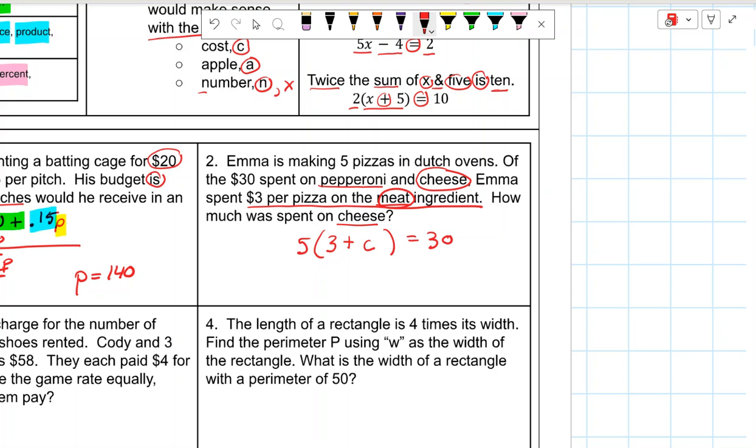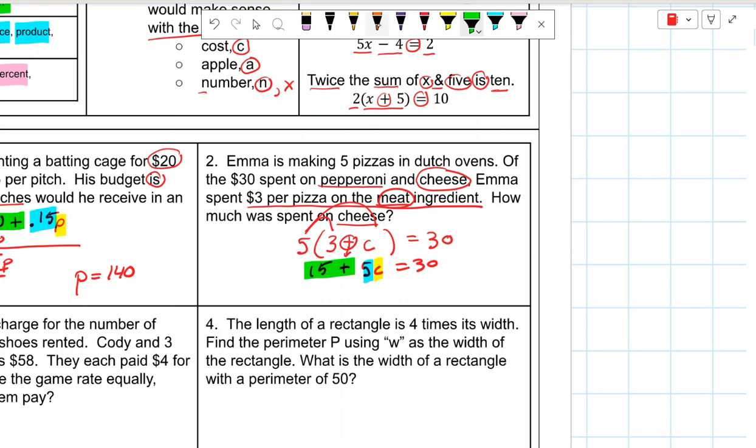And now you can see we use the distributive property. 5 times 3 is 15, and 5 times C is 5C. We bring down the plus sign, and we get $30. Now you can see we have a variable right here. We have a coefficient of 5, and we are adding a constant of 15.